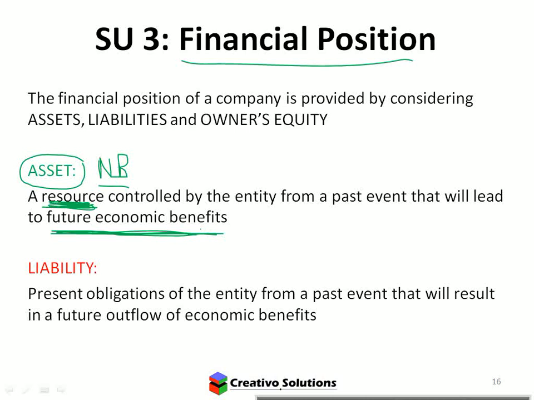So land and buildings, do you think that's an asset? Of course it's an asset. There's future benefits. Do you think a vehicle's an asset? Be careful. A vehicle is a vehicle. We'll discuss that later when we look at double entries. But I want to mention it now because you mentioned it, a vehicle.